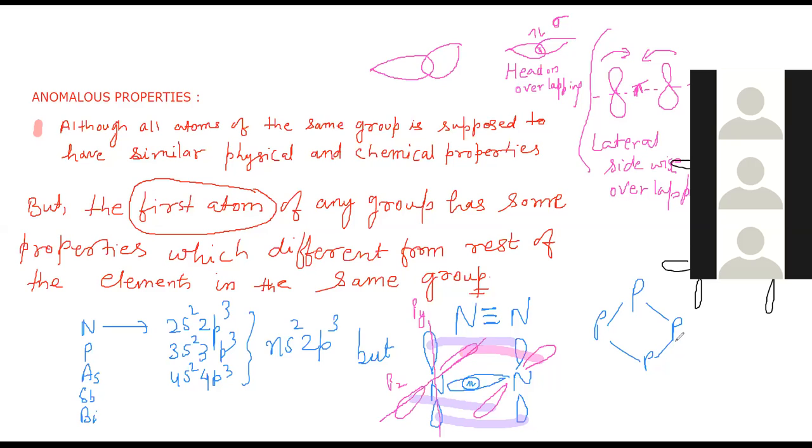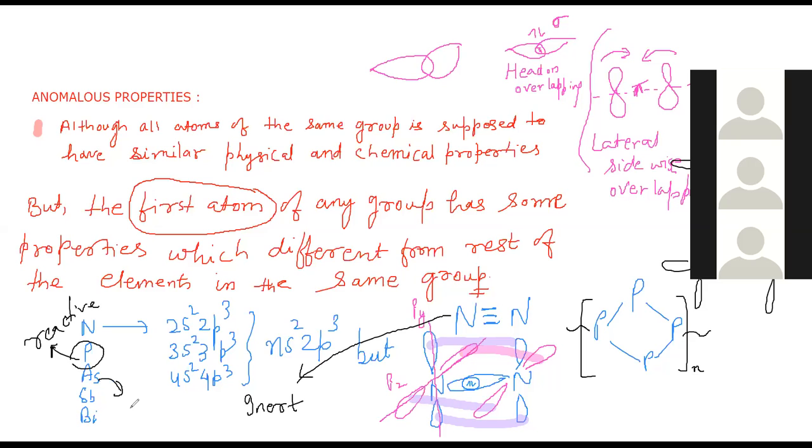So as a result, it forms a P4 kind of structure or a polymer of that, n times of it. So there are many other anomalous properties of nitrogen, like nitrogen is a gas, whereas the rest of the elements in the group are solid. Nitrogen is an inert gas due to strong p-pi bonding, whereas the others are highly reactive. Arsenic is highly poisonous.